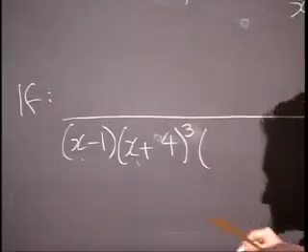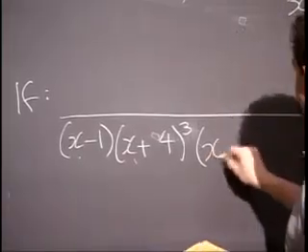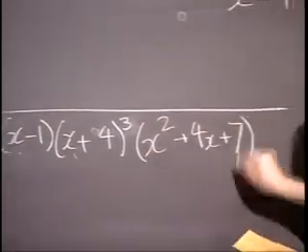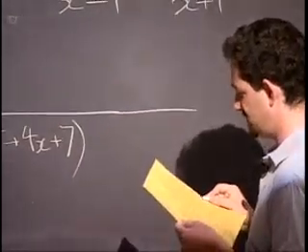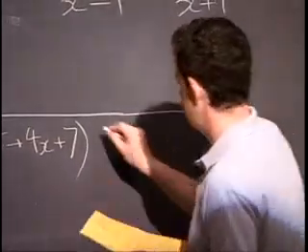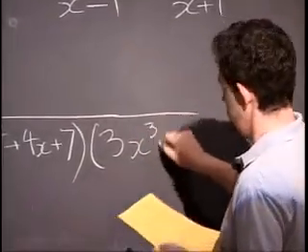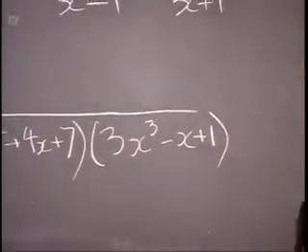This is all in section 18.3 of Calculus Lifesaver, by the way. I should have said that earlier. So we have x plus 4 all cubed, x squared plus 4x plus 7 times 3x cubed minus x plus 1. I think that's what I wrote.